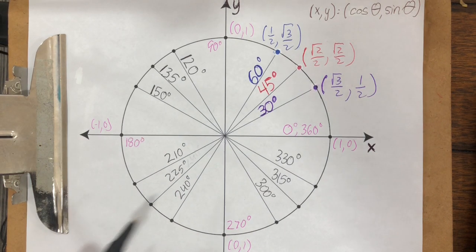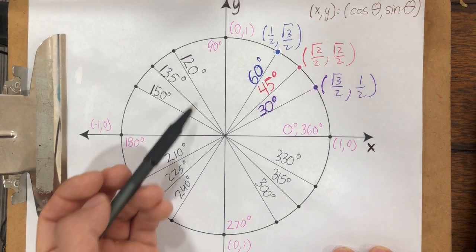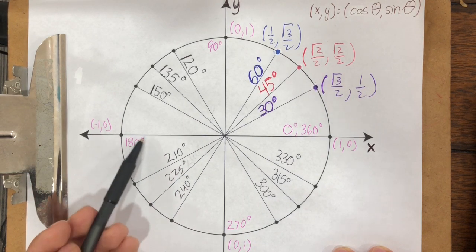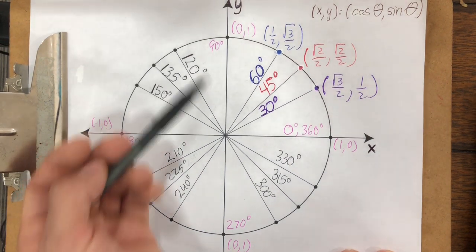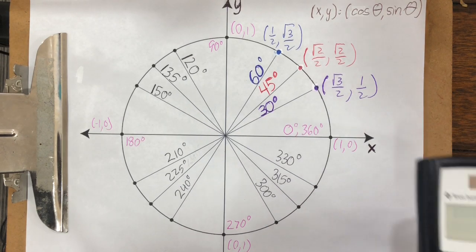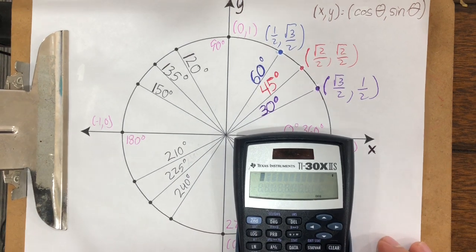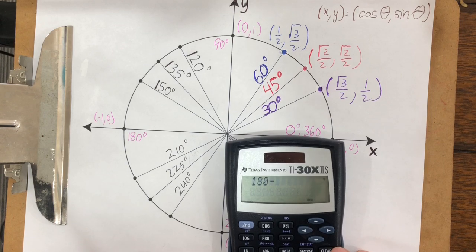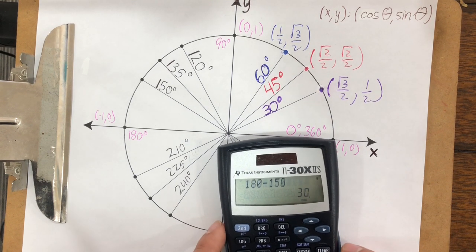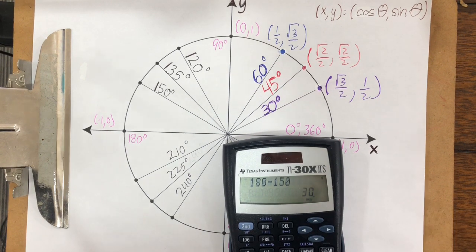We have all of the angles in quadrant 2, 120, 135, and 150, and we see that they're near 180 degrees on the x-axis. So for each angle measurement in quadrant 2, I'm going to take 180 and subtract one of these angle measurements. Let's start with 150 degrees. If I take 180 and subtract 150, I get 30 degrees.